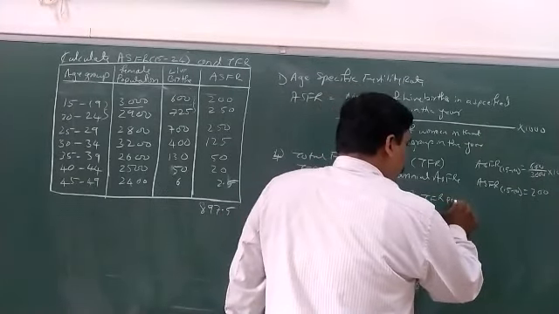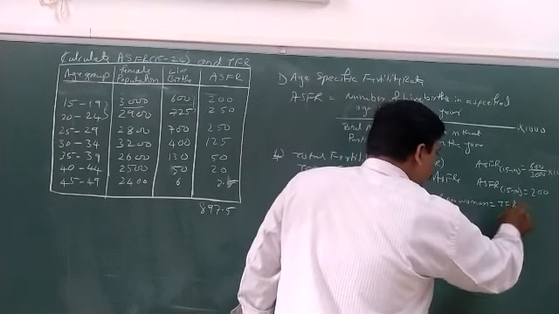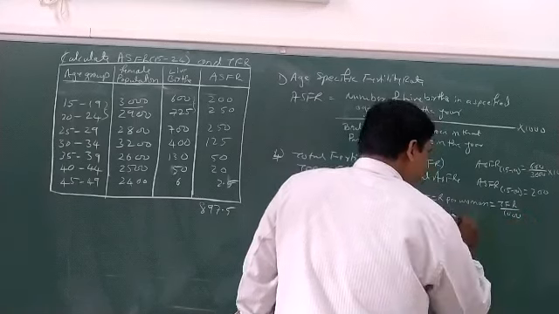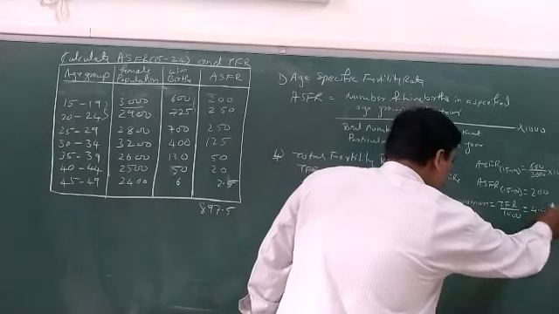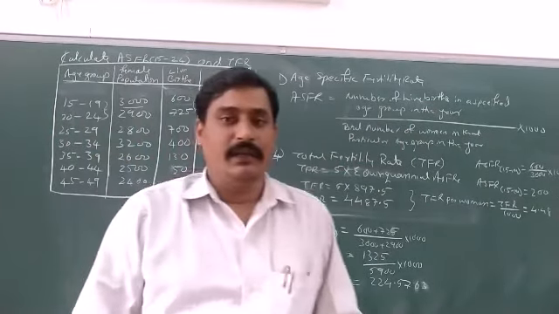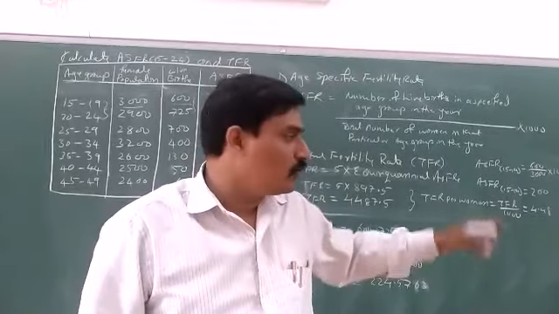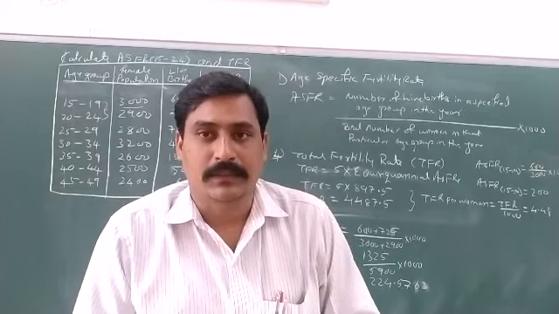TFR per woman is equal to TFR divided by 1000, that we get here 4.48. So 4.48 means about 4.5, that is, on average per woman 4.48 live births will occur.